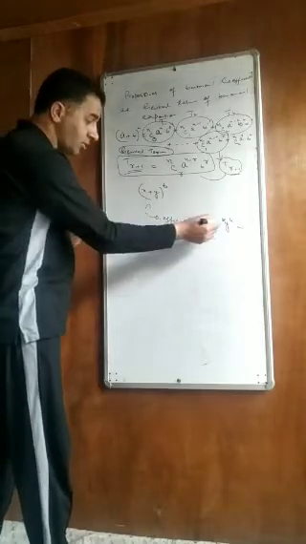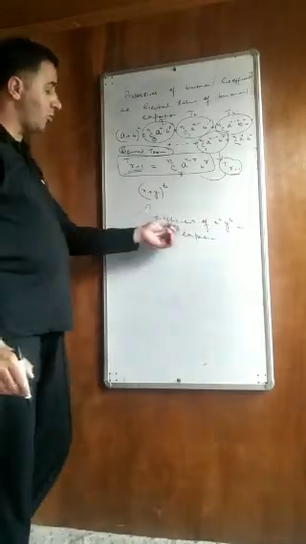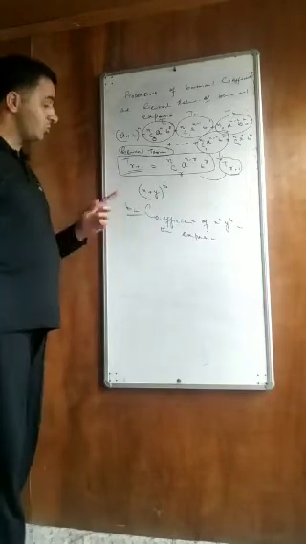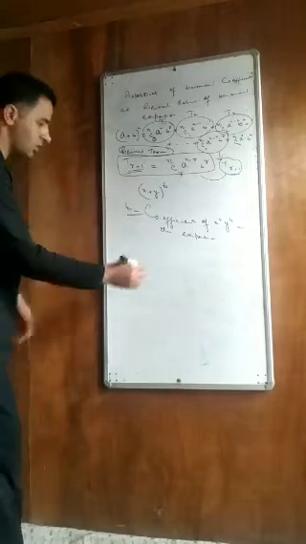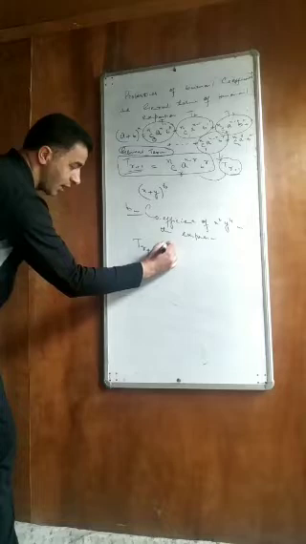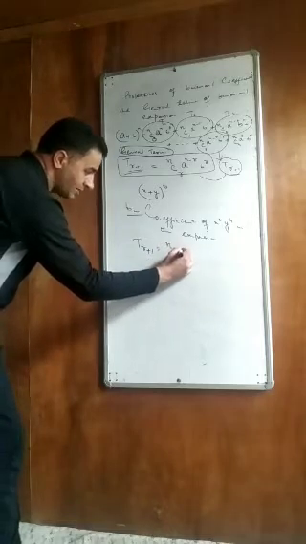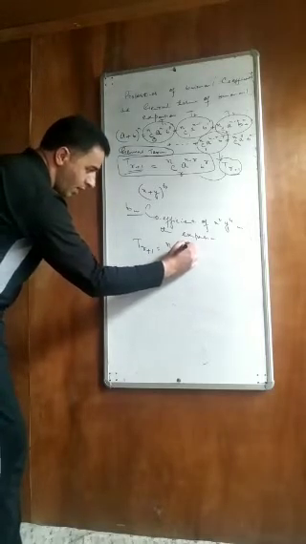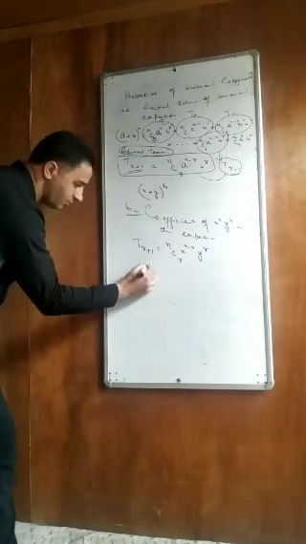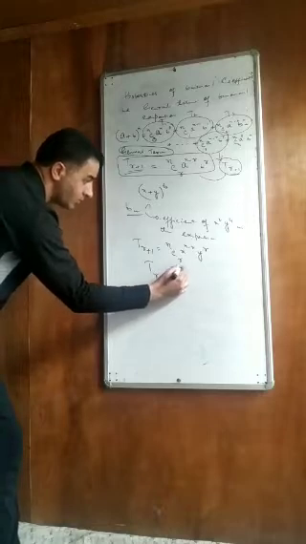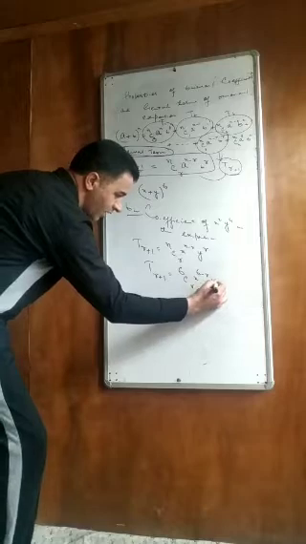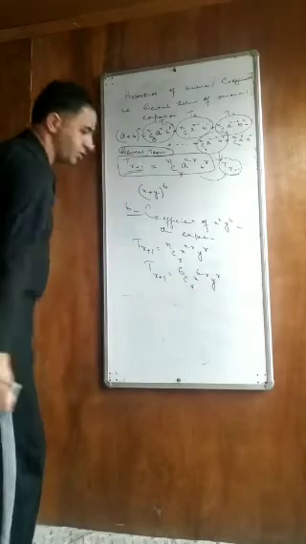What will be the coefficient of x square y raised to power 4, the binomial coefficient? To check the binomial coefficient, we can again use this T(r+1). We know that T(r+1) is nCr x raised to power n minus r into y raised to power r. So here we can write T(r+1) is equal to 6Cr x raised to power 6 minus r into y raised to power r.